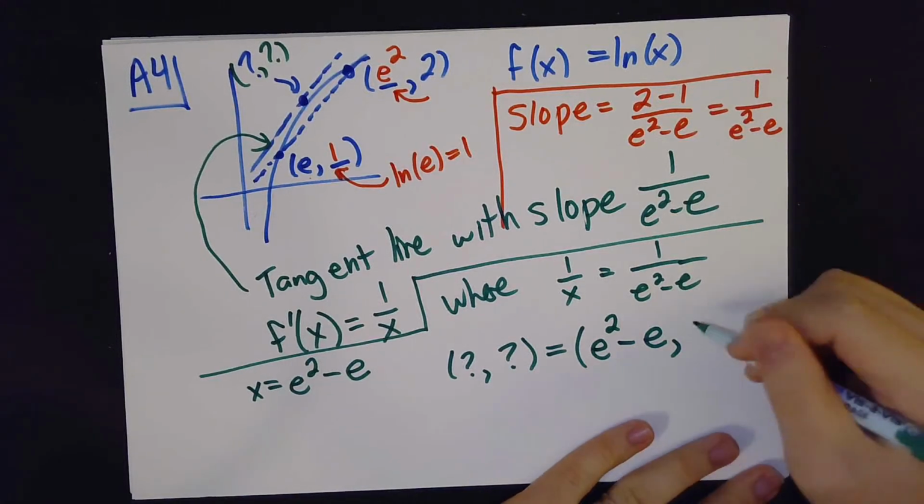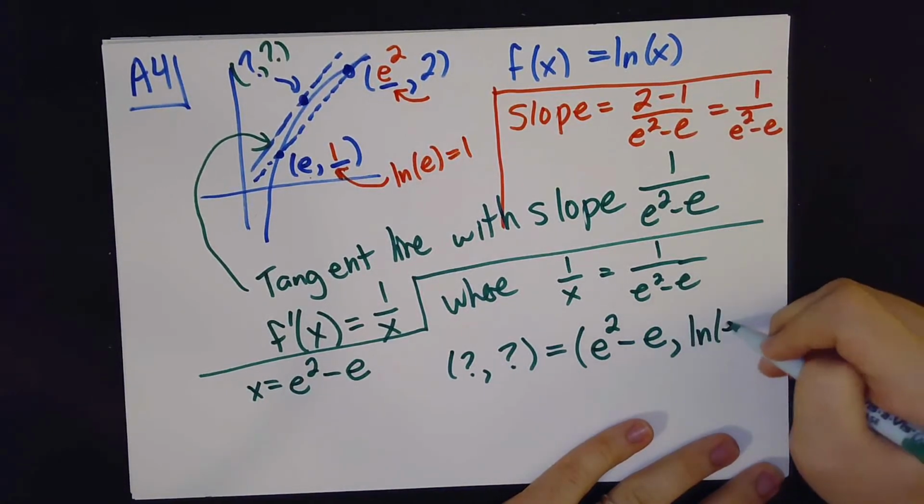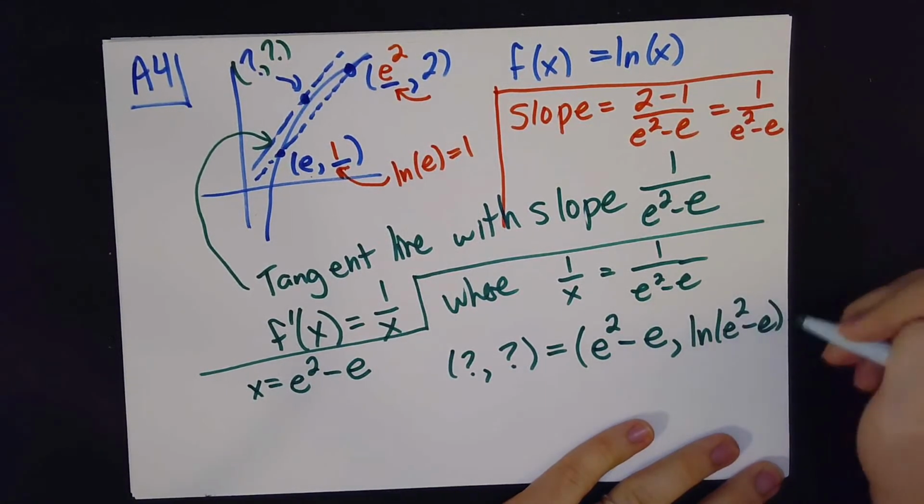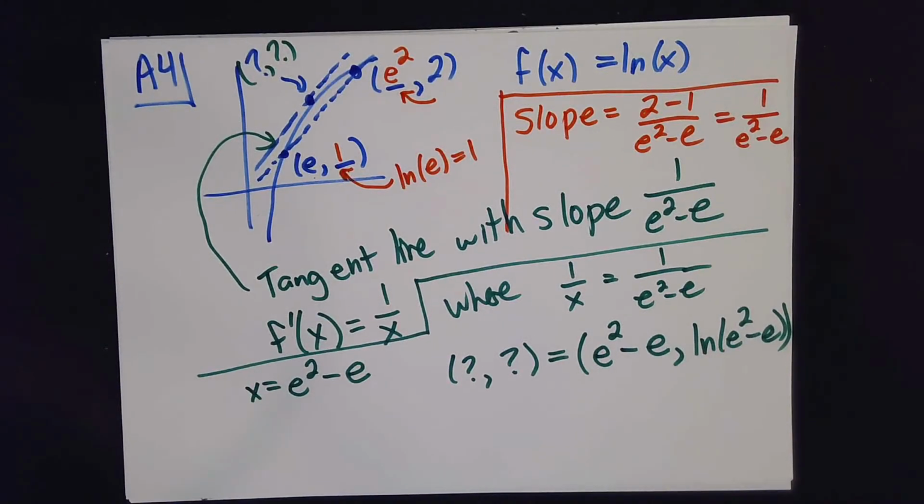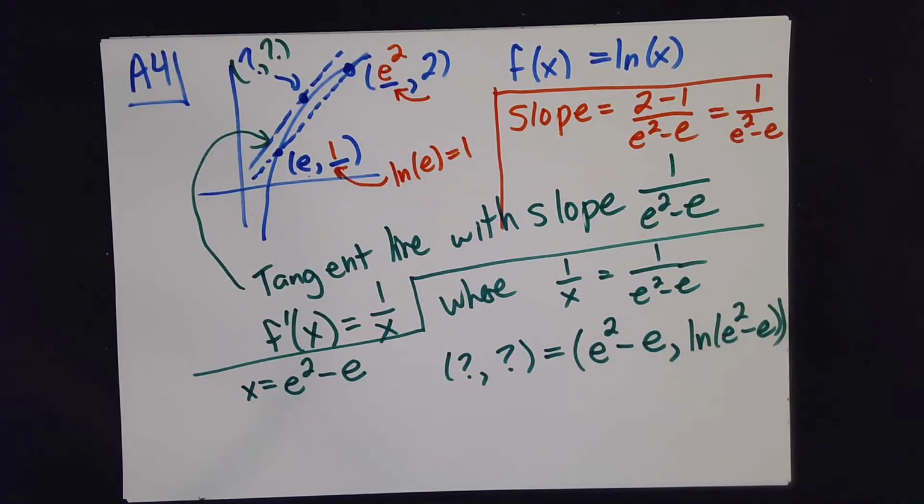So that's the input, so the output is natural log of e squared minus e. Note, you may wish to simplify this in some way, but this does not really simplify because you can't distribute the natural log here. So be careful, that's as good as this is going to get.